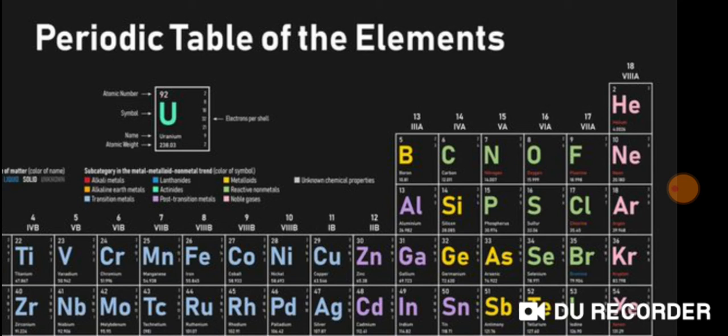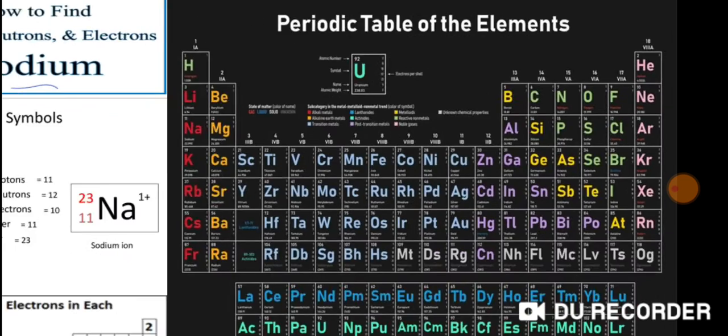So the valencies are also mentioned on the periodic table, and with the help of these valencies we can develop a chemical formula of any compound having metal, non-metal, whatever.